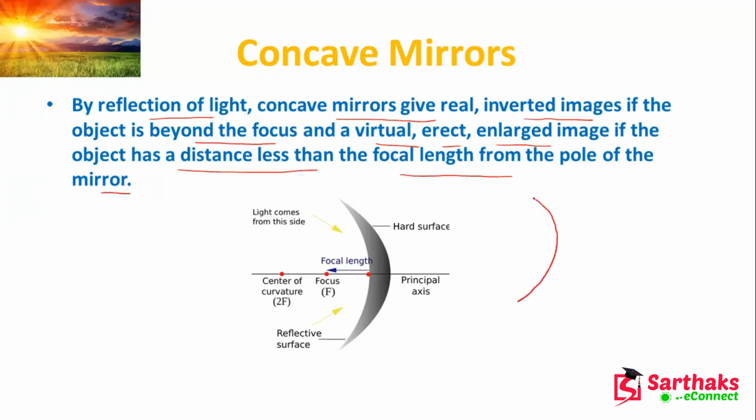So first thing is this. This is the concave mirror, and the midpoint of the surface is called the pole. And the horizontal line that passes through this pole is called the principal axis, right?